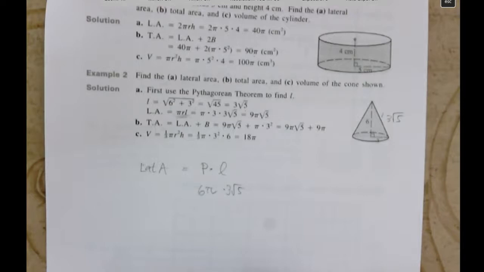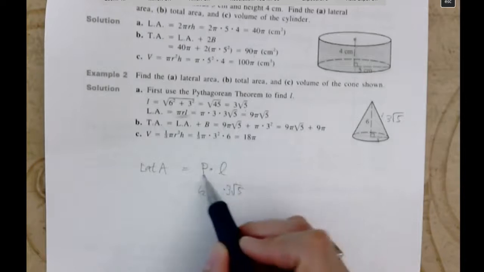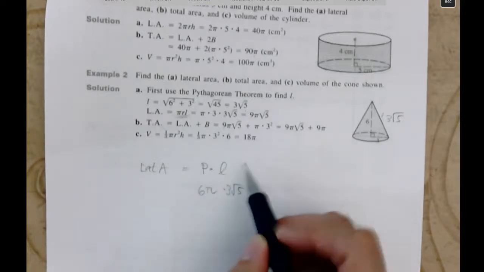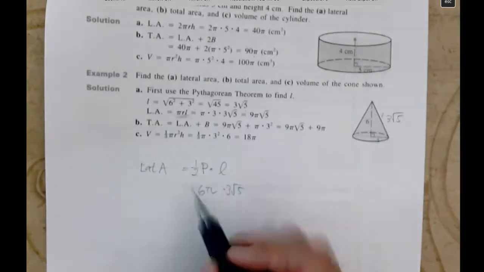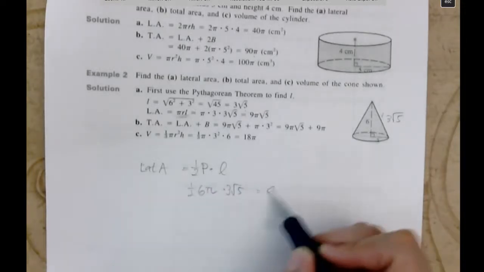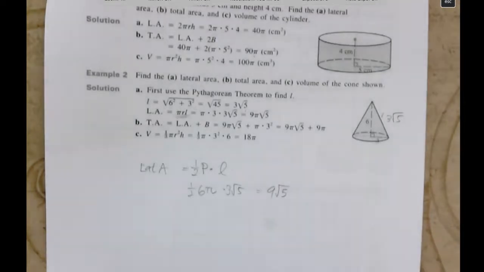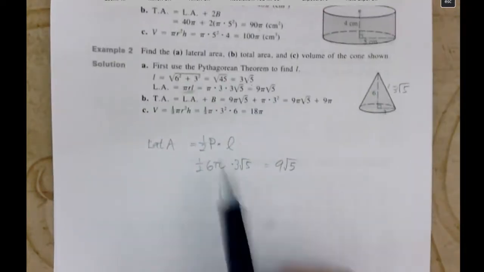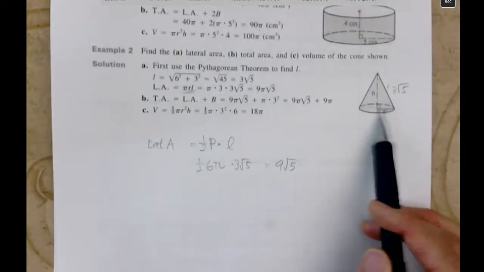Okay? And then actually, you need the 1/2, right? Lateral area was 1/2 of perimeter times slant height, so you have to have 1/2, and then this gets to 9 pi root 5, the same thing.